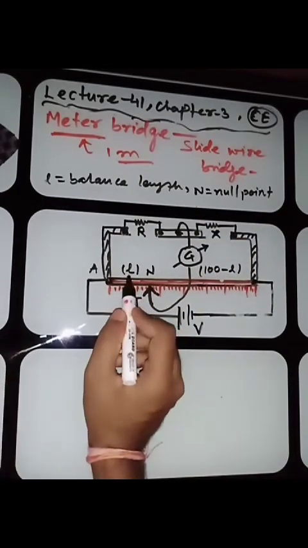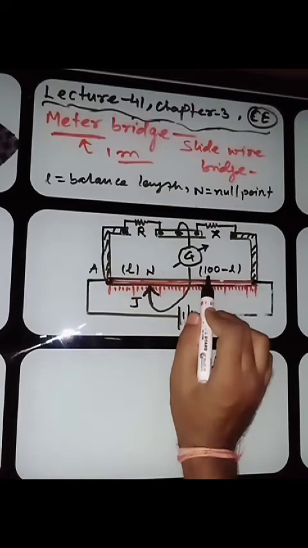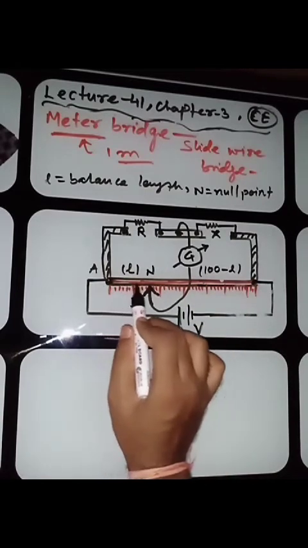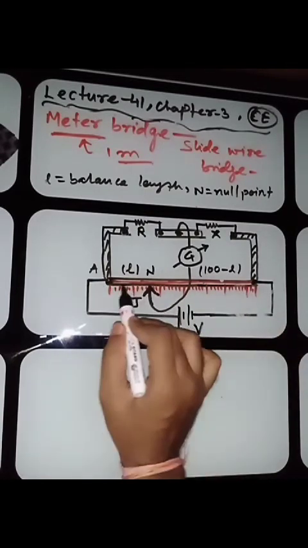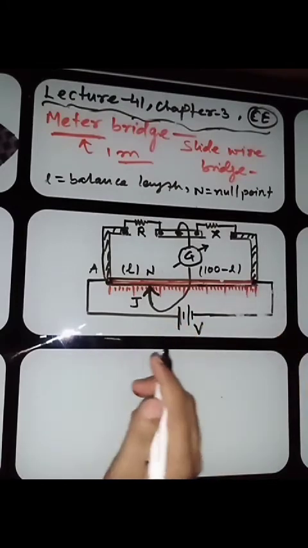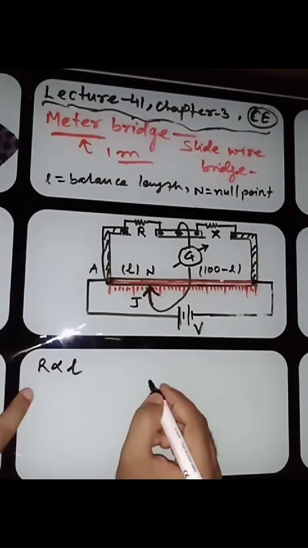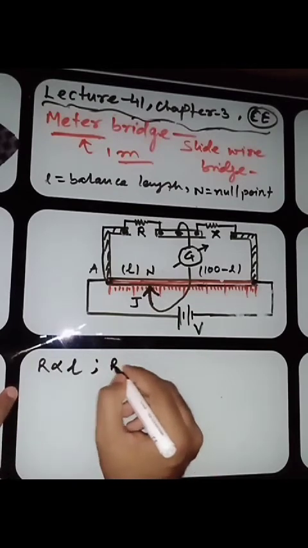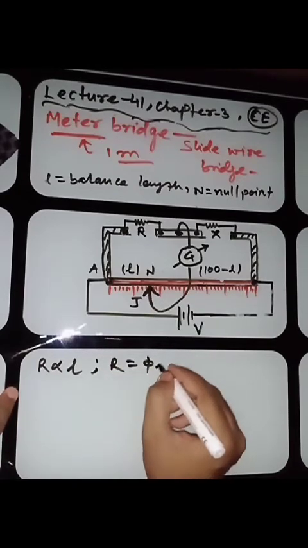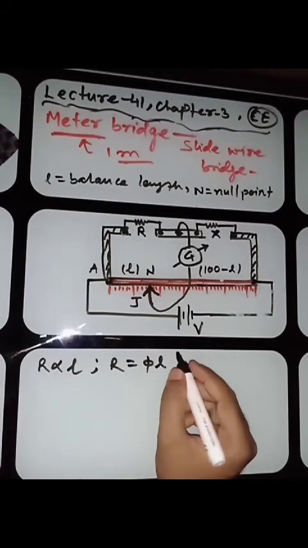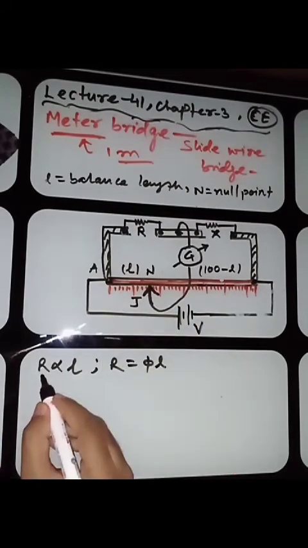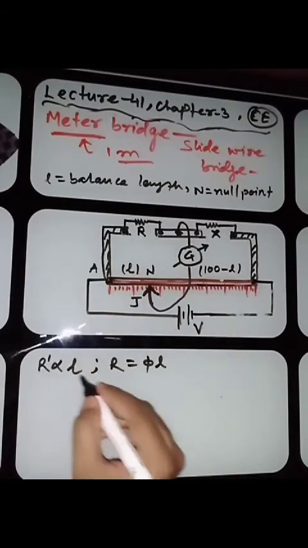if this is the length L and the wire is of the same material, what will the resistance be? You can write that resistance is directly proportional to the length. So here R is ρ times L. Suppose the resistance, here I am writing resistance, not this R, let me write R dash.